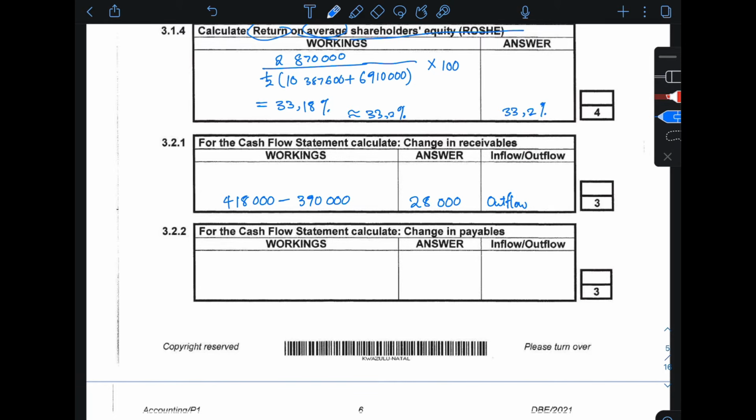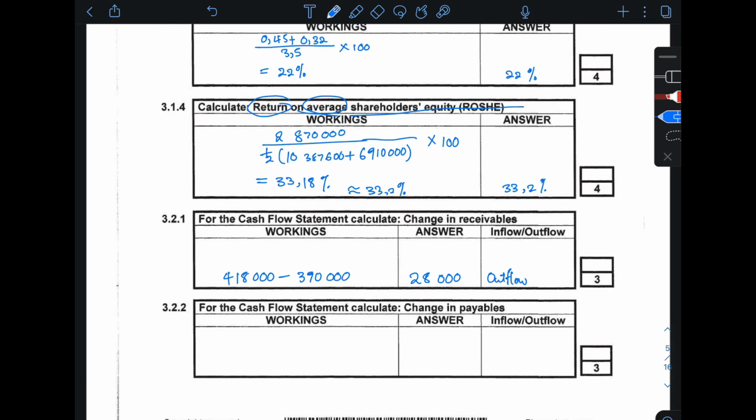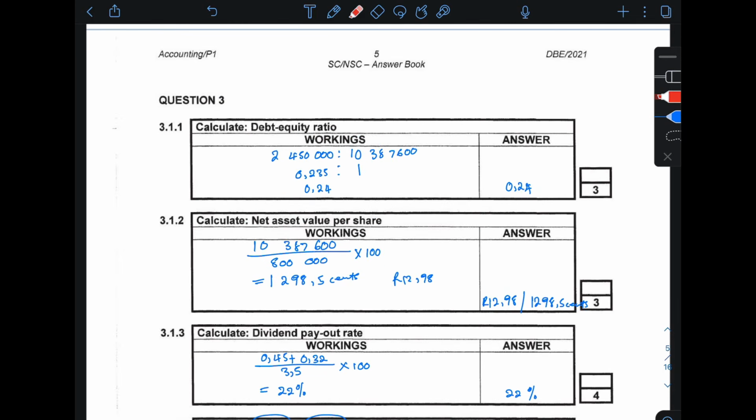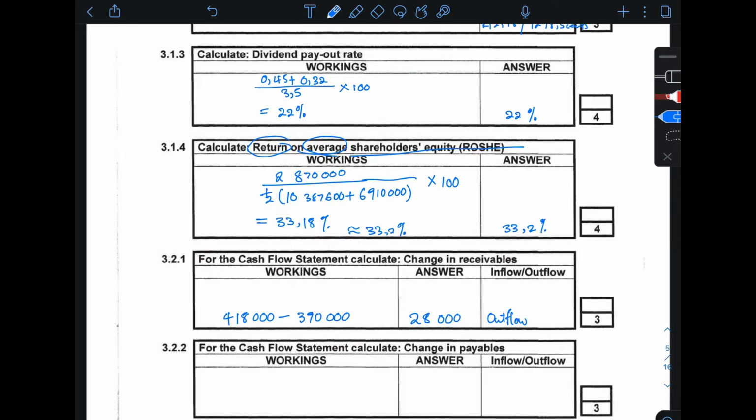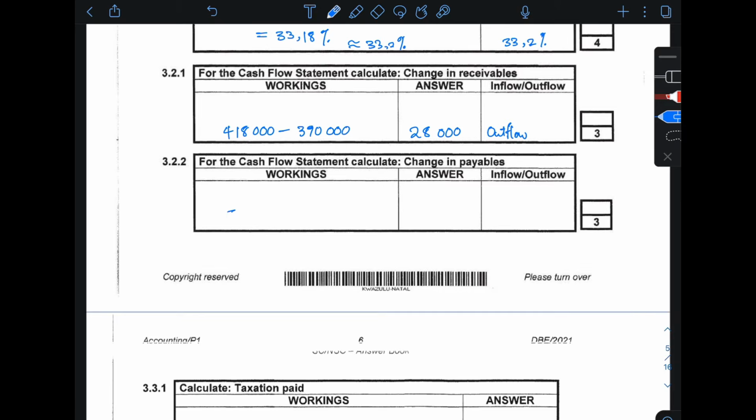And then now we're moving to change in payables. With change in payables, you also go to information and check what we are given. Given our creditors control there, it's 520,000 minus 359,200.